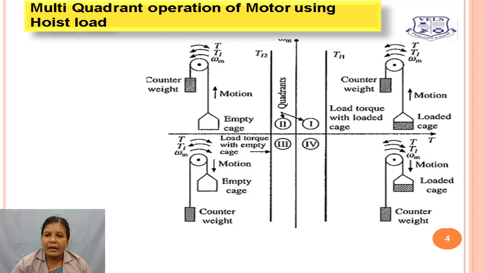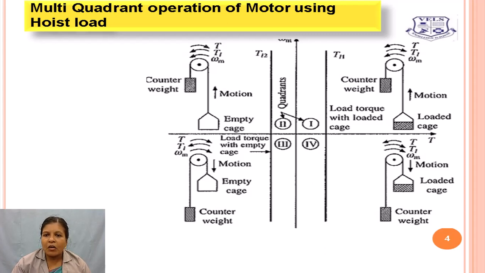Here TL1 and TL2. TL1 is nothing but the difference of torque due to the counterweight and the loaded hoist, and TL2 is nothing but the difference of torque between the counterweight and an empty cartridge. So TL1 comes in quadrants 1 and 4, and TL2 comes in quadrants 2 and 3, because the first and fourth quadrants have a loaded cartridge, and the second and third quadrants involve an empty cartridge.